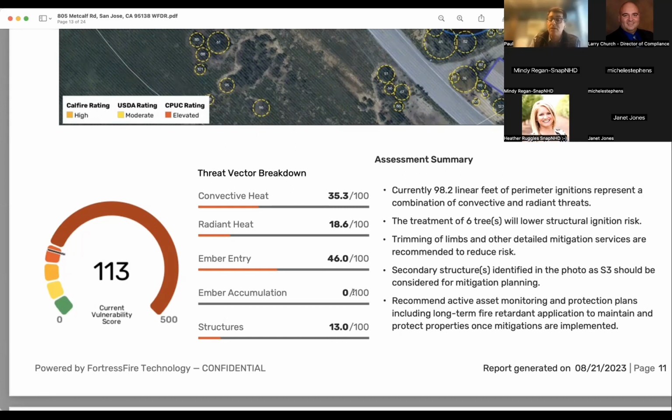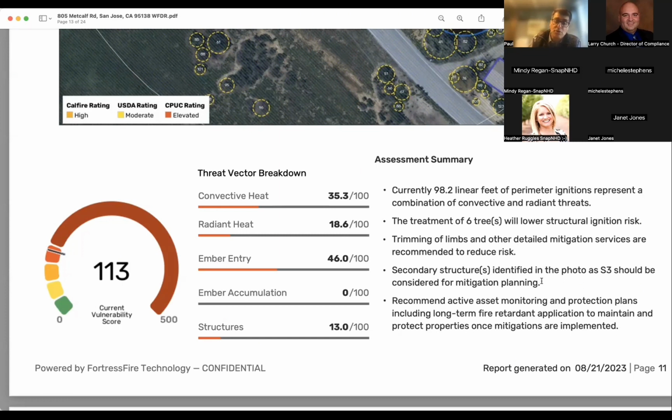So the roof is good. And as we saw, the roof was compliant with AB 38. But what this assessment summary does is not only indicate the risk, but it also indicates the treatment of 6 trees. Trimming of limbs and other mitigation services are recommended. But secondary structures identified as S3 should also be considered for mitigation.